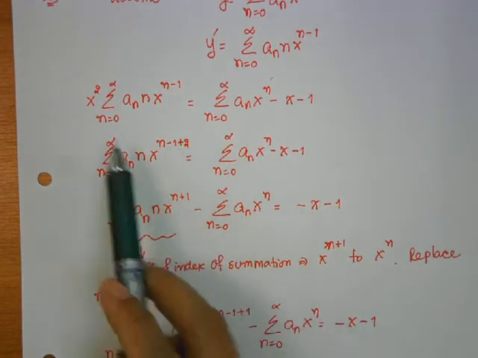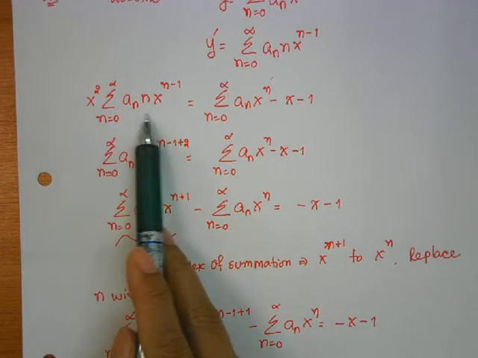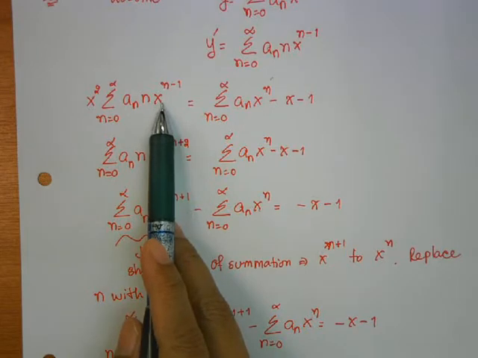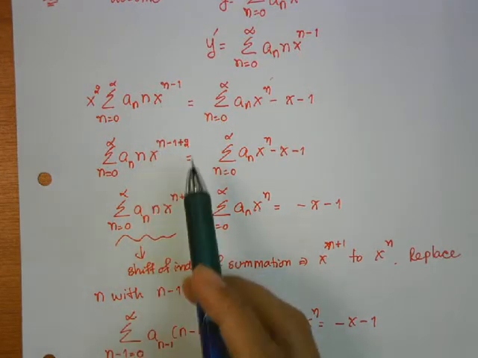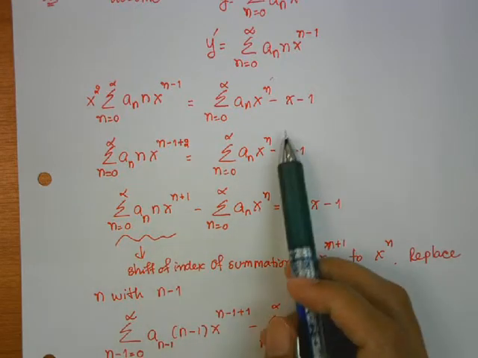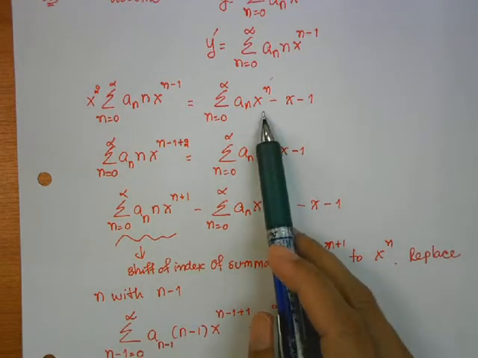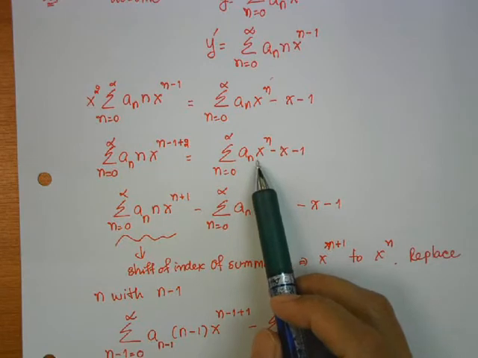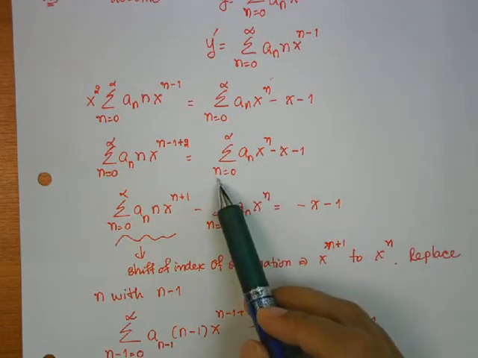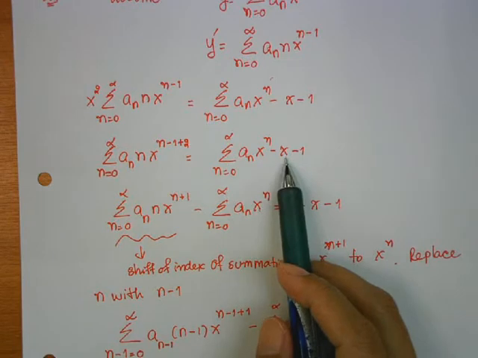So we have x squared here. If you put it into your summation and combine it with the term of x to the power n minus 1, we get x to the power n plus 1. For your right hand side, you get the summation of a_n times x to the power n from 0 to infinity, minus x minus 1.